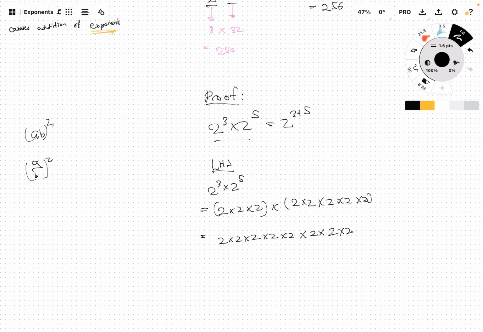But when it's just multiplication, you can ignore brackets. But how many 2's are multiplied together here? Well, you have 3 from here and 5 from here, so there's 8 2's in total. And if I have 8 2's being multiplied together, what's that? By the definition of powers, this is 2 to the 8.